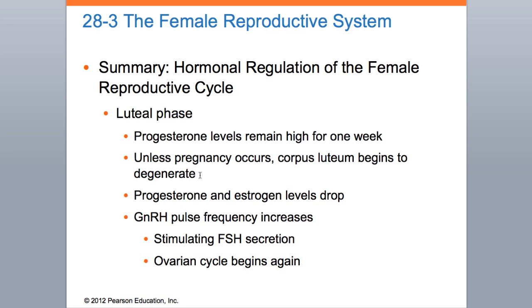Let me say that again. So if we do have fertilization, we do have implantation, and the fertilized egg is now ready and able to make the placenta, then yes, the corpus luteum will be told by the placenta to continue beyond the 2 weeks or the 14 days. And that's also one of the ways you know that you are even pregnant.